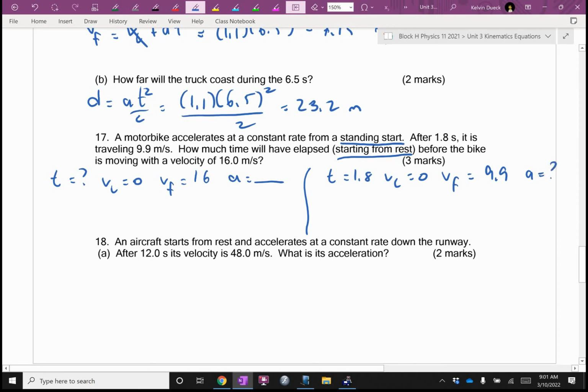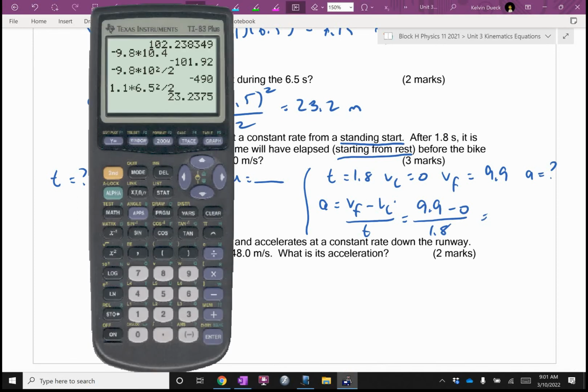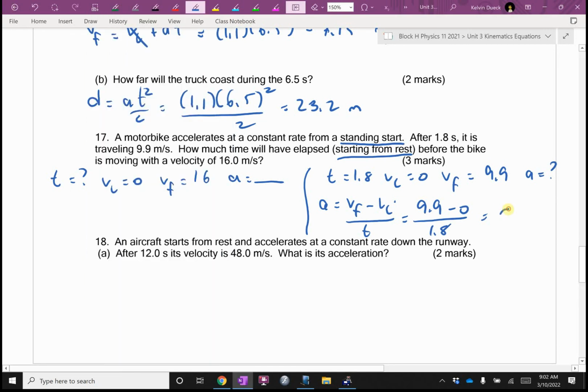I can find the acceleration. A is going to be VF minus VI over T. It's going to be 9.9 minus 0 all over 1.8. It's 5.5, right? It's 11 divided by 2 when I simplify it in my head. Yeah, 5.5 meters per second squared.